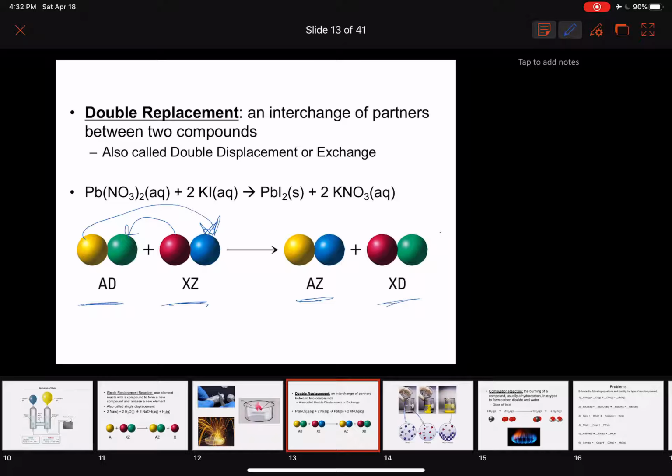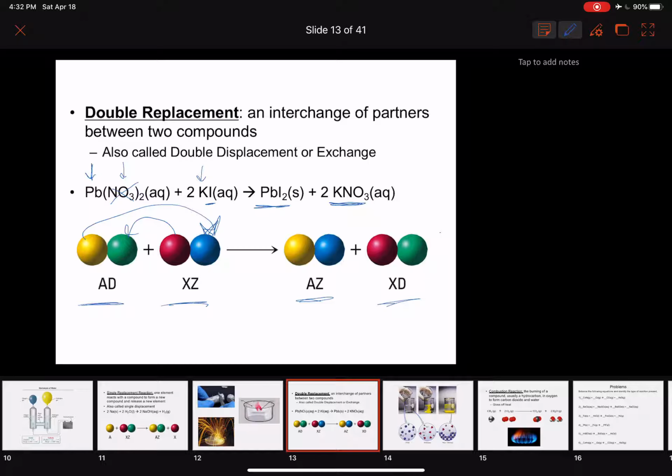Now, if we look at the reaction of lead nitrate here, you can see that lead is going to get rid of its nitrates, and it's going to get together with the iodide over here and form lead iodide. And that means that we have potassium and nitrate getting together to form potassium nitrate.